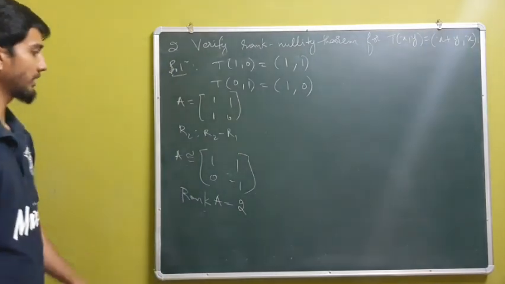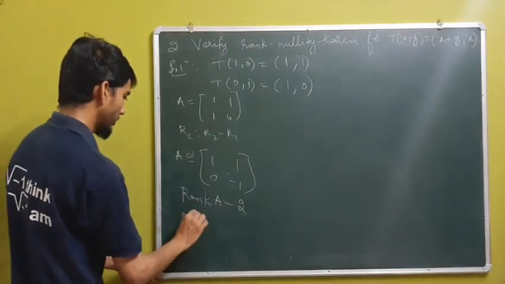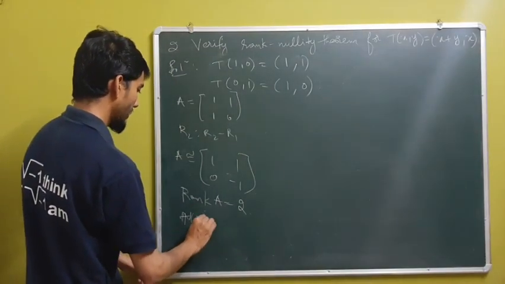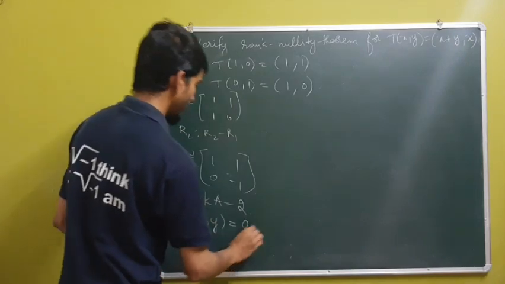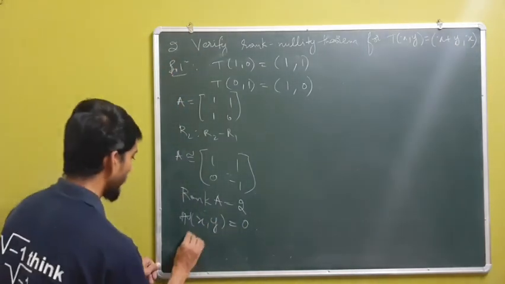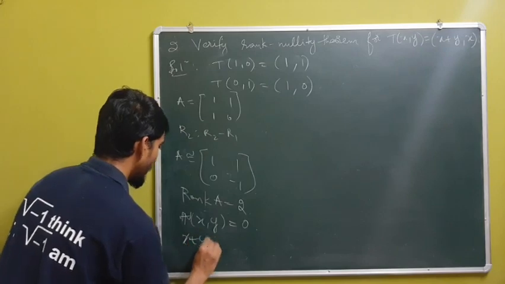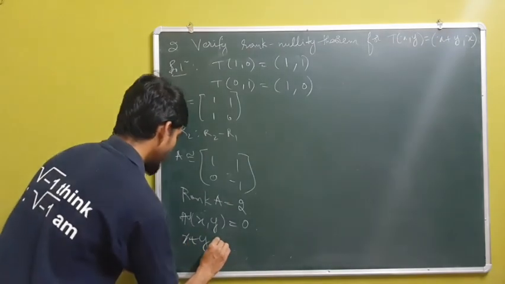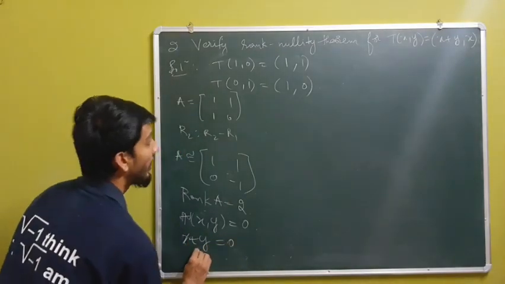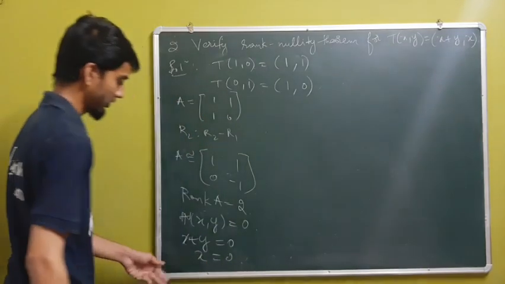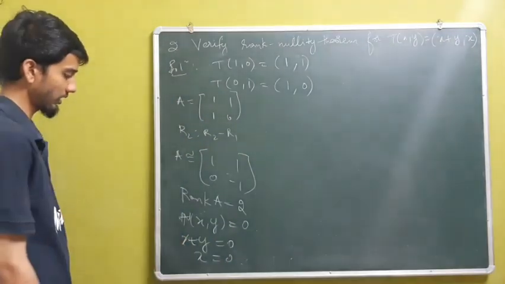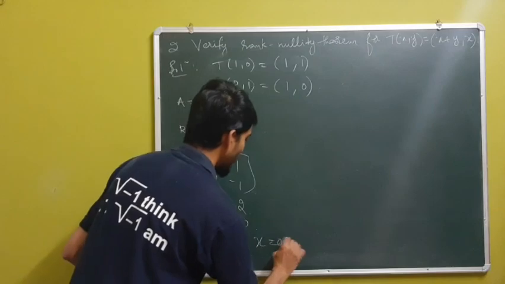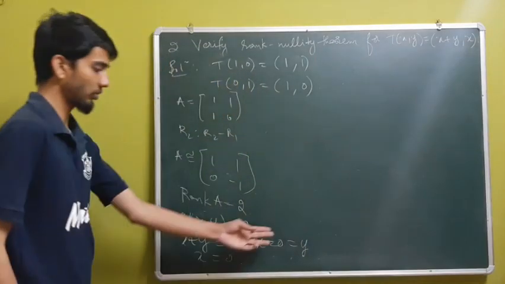Now in order to find the nullity, we have T of (x, y) equal to 0, and T of (x, y) is nothing but x plus y equal to 0 and x equal to 0. Since x equals 0 and x plus y equals 0, we have x equal to 0 equal to y.